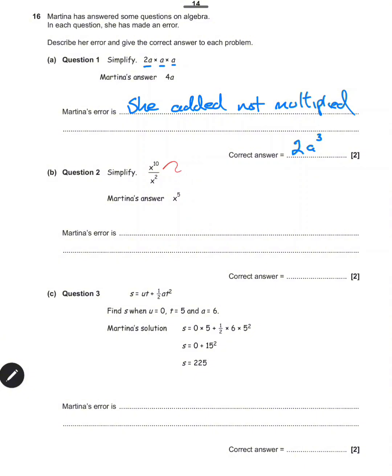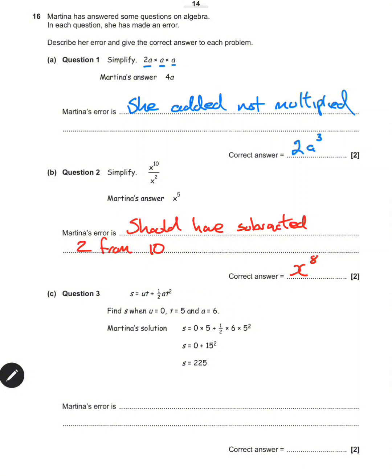Question 2, what did she do wrong? Well, x to the power of 10 divided by x squared is actually x to the power of 8. We need to do 10 take 2. What she's done is 10 divided by 2. So her error, she should have subtracted 2 from 10, not divided 10 by 2.